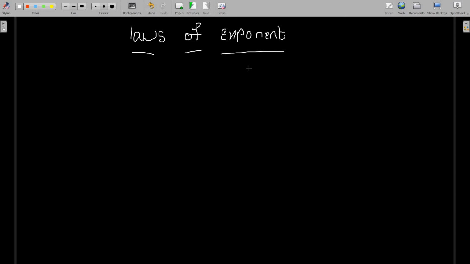Laws of exponents. The first property is the multiplication property. In the laws of exponent, now we are going to discuss the multiplication property. What is the property? We will see now.